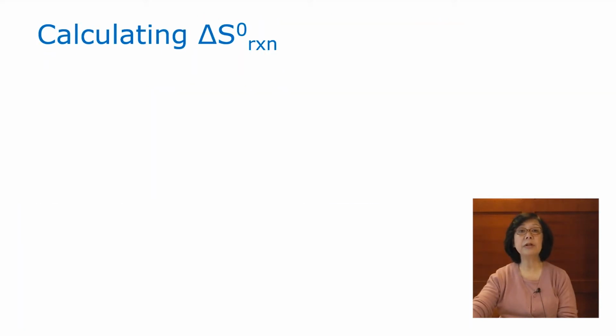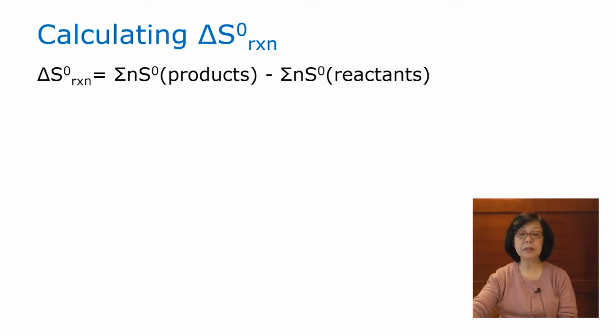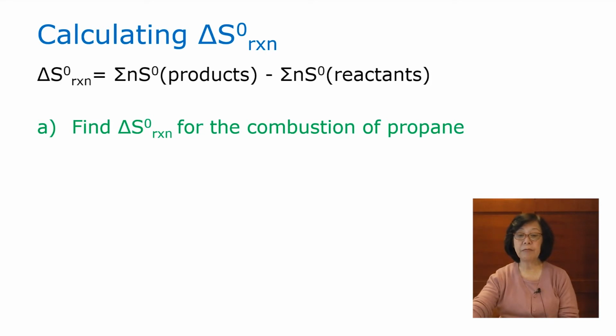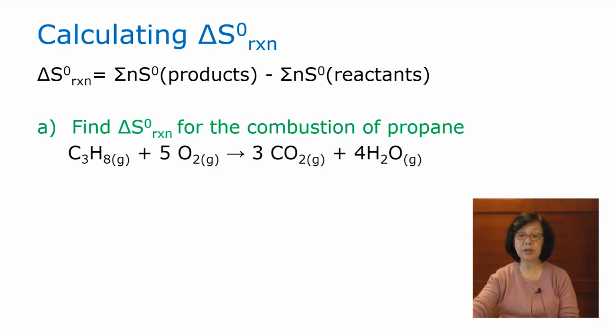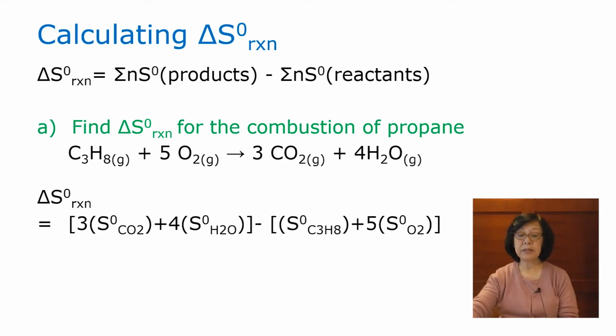Now, calculating the standard entropy change of a reaction is equal to the summation of the entropy of the products multiplied by their respective moles, minus the summation of the entropy of the reactants multiplied by their respective moles. So find the standard entropy change of the reaction for the combustion of propane. This is equal to products minus reactants.